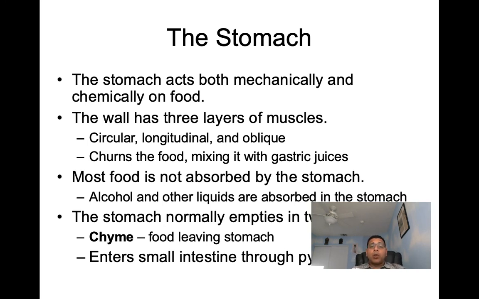And then when we talk absorption, you'll see most food is not going to be absorbed by the stomach. However, when we talk alcohol and other liquids, they are absorbed in the stomach. All right, next, I would like you to know that the stomach is going to normally empty in 2 to 6 hours. That depends on what you have eaten.